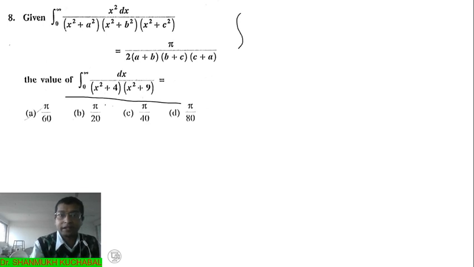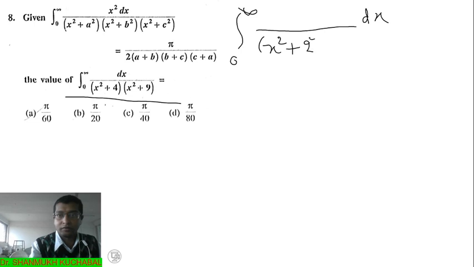So, it is integration 0 to infinity. Here numerator x square, so here x square is missing. So, we write this first as it is dx. It is x square plus 4. 4 can be written as 2 square, right? And x square plus 9 can be written as 3 square.